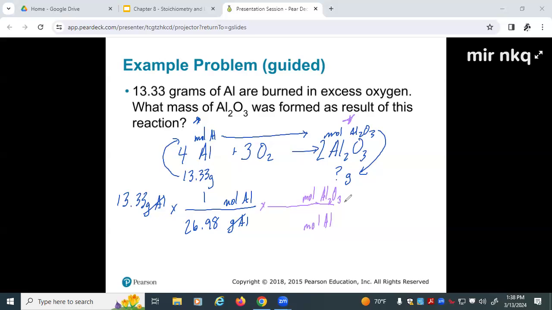What's this big thing in the middle? The balanced chemical equation. Thank you. So my numbers, 4 for aluminum, 2 for aluminum oxide. That's going to cancel out my moles of aluminum. Last step, I need to turn the moles of aluminum oxide into grams.